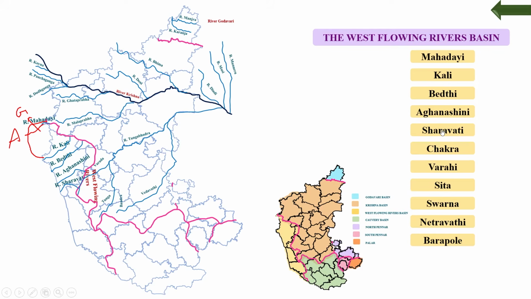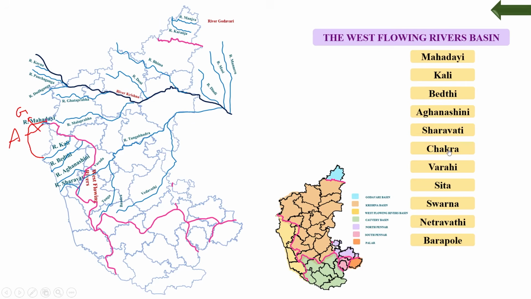All these waterfalls, on which rivers waterfalls exist, we will read in part 2. For now, just memorize these river names: Kali, Bedti, Aghanashini, and Sharavati rivers. These are the rivers which flow through the district of Uttar Kannada before draining into Arabian Sea.